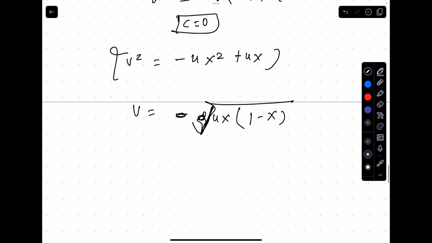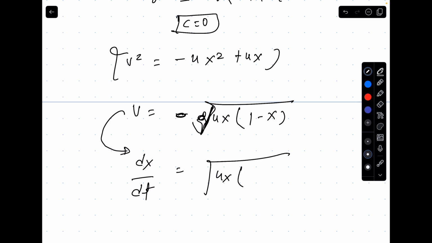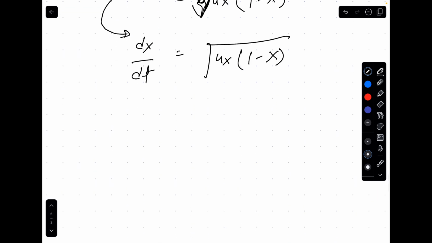Okay. Now I need to find the position in terms of time, so I will integrate. dx by dt is this value, 2 root of x multiplied by 1 minus x. Now let me rearrange it.